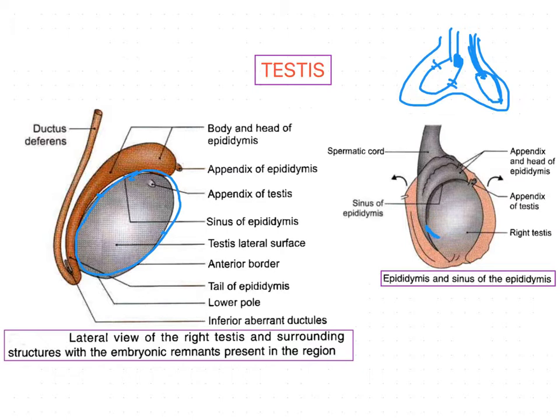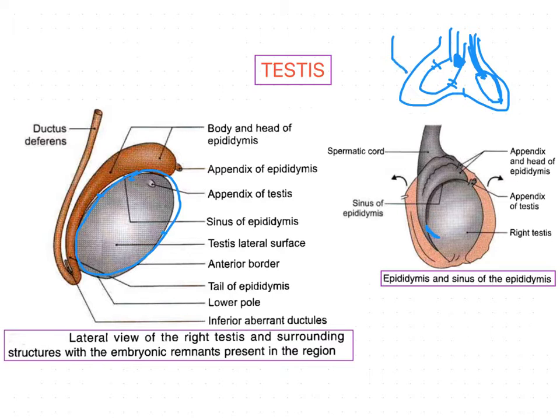Now, how is the testis placed inside the scrotum? The scrotum is suspended by the spermatic cord, and the testis lies obliquely, with the upper pole tilted forward and medially.